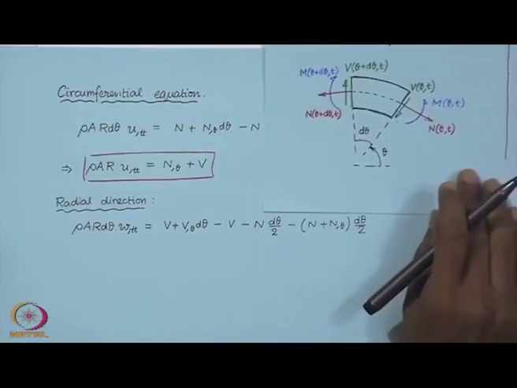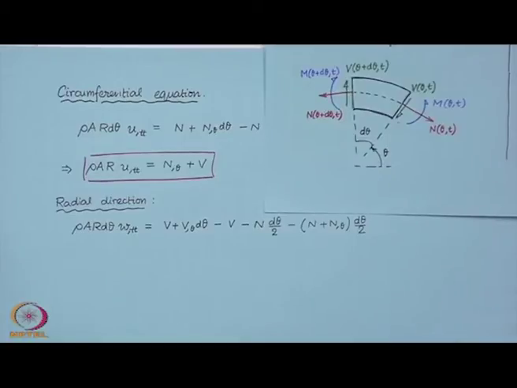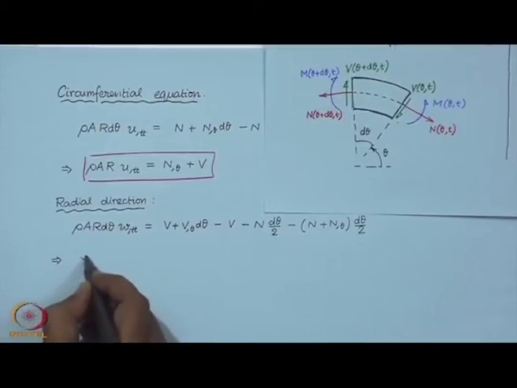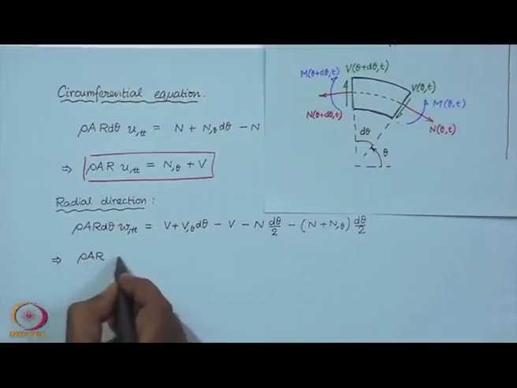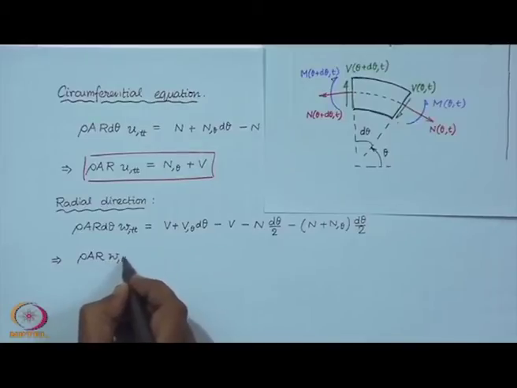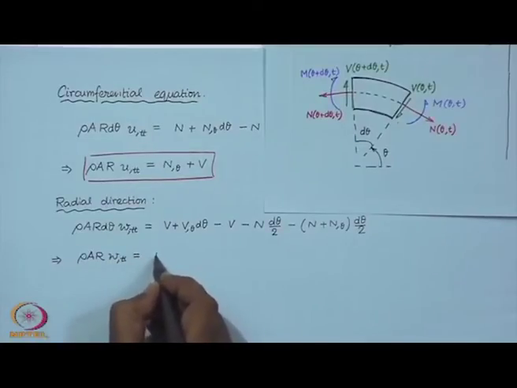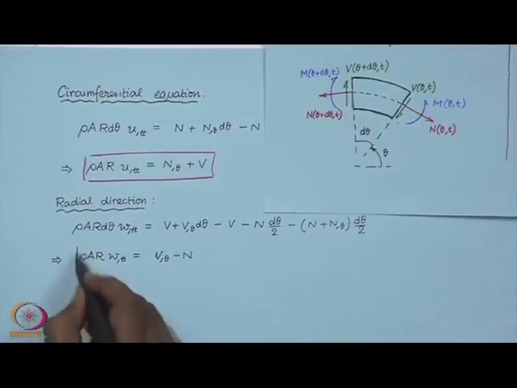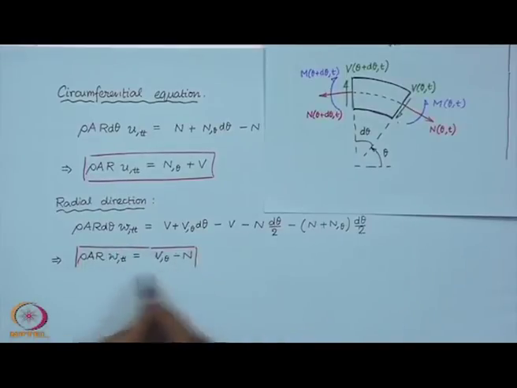So, these are the forces in the radial direction. So, that implies, so this is the equation of motion in the radial direction.